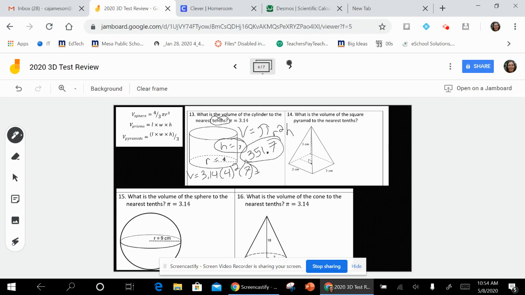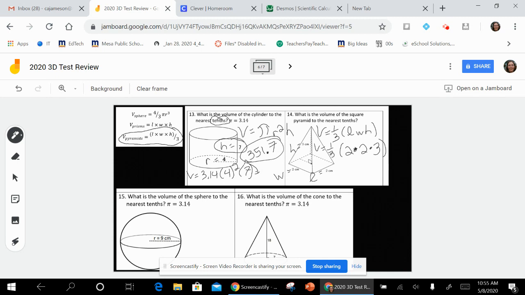Okay, so pyramid, so length times width times height divided by 3. So it's that 1/3 again, everybody. Remember, I said cones and pyramids, it's 1/3. So length times width times height. We're just going to multiply all these together. Since it's a square, the length and the width are congruent. Remember, 3 is our height. So it's going to be 2 times 2 times 3.